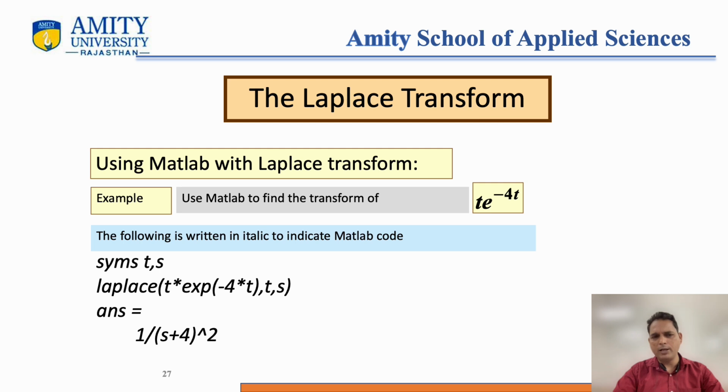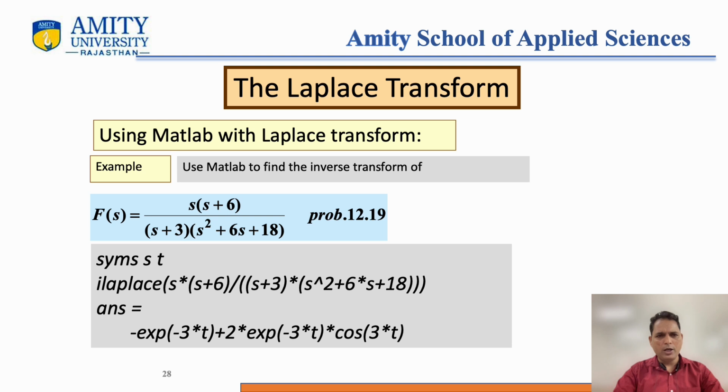Because two variables are being multiplied, we use the star notation between them. Then t is converted into s, and when you put that, your output answer is 1 upon (s plus 4) whole square. So this is the way we can find the Laplace transformation of some function using MATLAB.